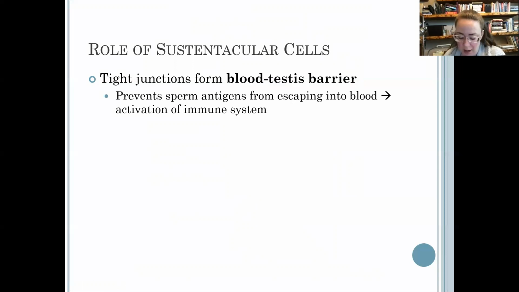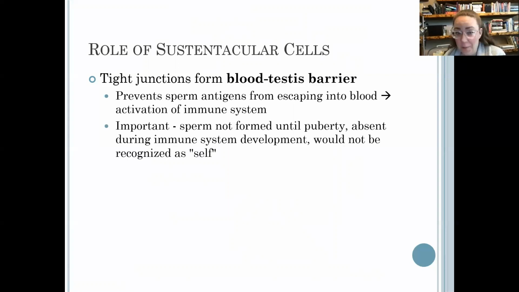And if you think about it, our immune system is developed pretty early in life. You know, the adaptive side of our immune system, right? Once we're exposed to different antigens, it develops against those. And by the time puberty hits, we have a pretty fully functional immune system. Well, these sperm aren't made until after the development of the immune system.